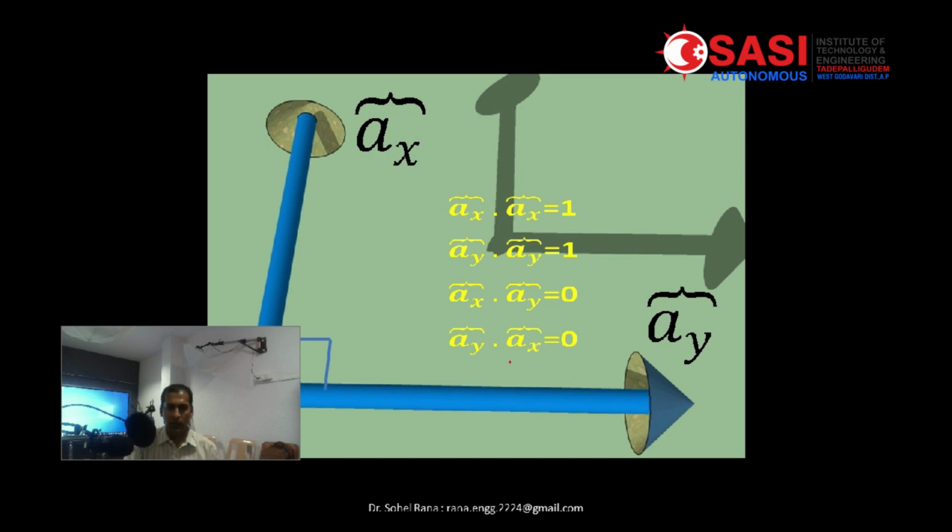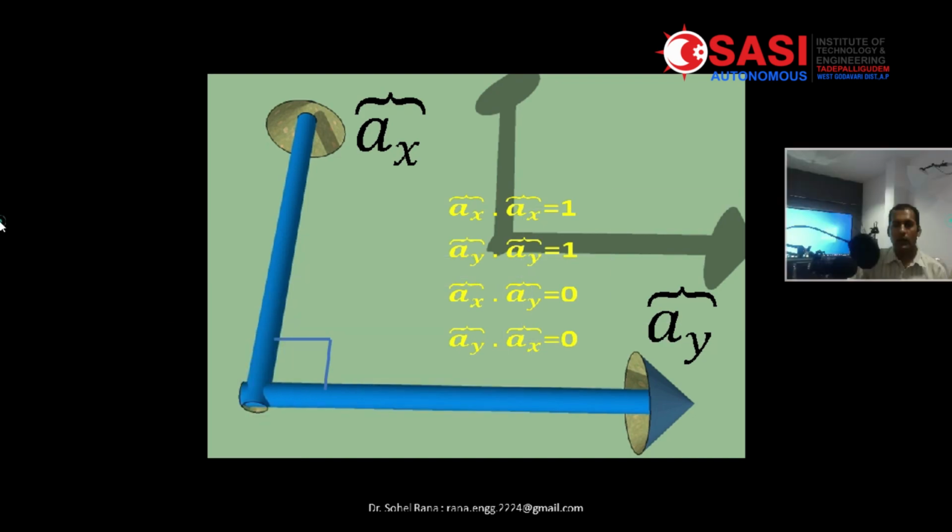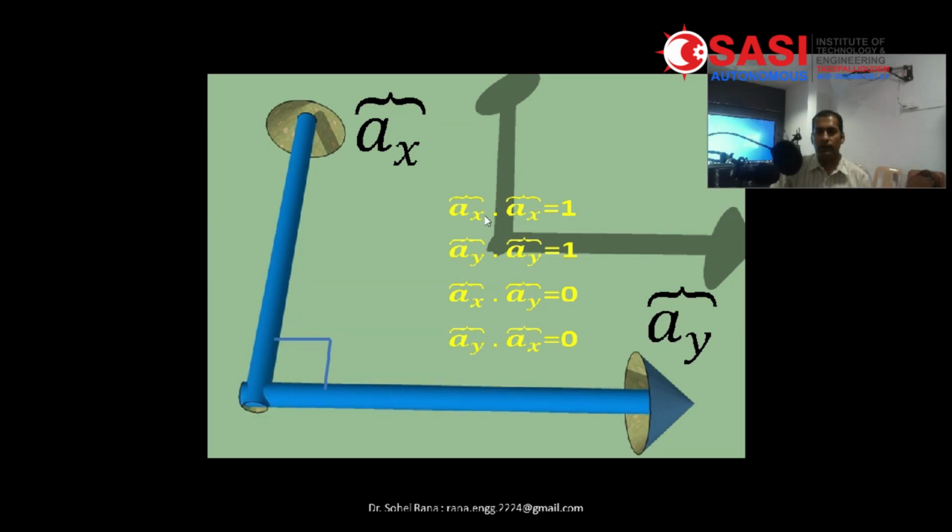For example, if you remember the dot product, these dot products are given for the coordinate system for similar directions. Here you can see, if we take the dot product of similar directions, ax dot ax, it will be 1. If we take the dot product of ay with ay, it will also be 1.